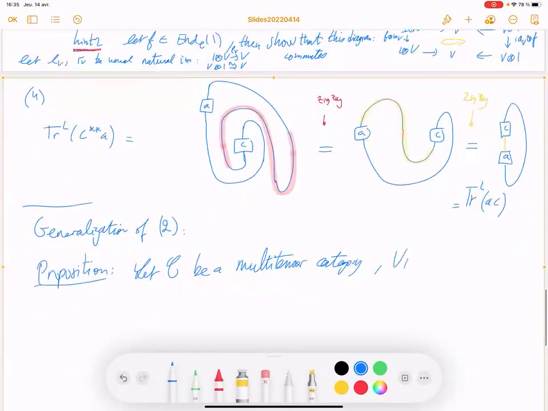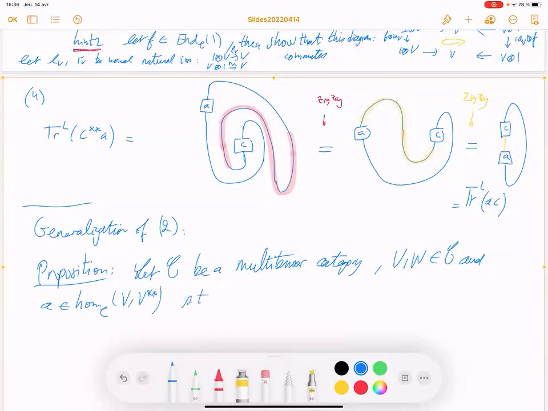You take two objects V, W in the category, and you take a morphism A in Hom between V and V double star.